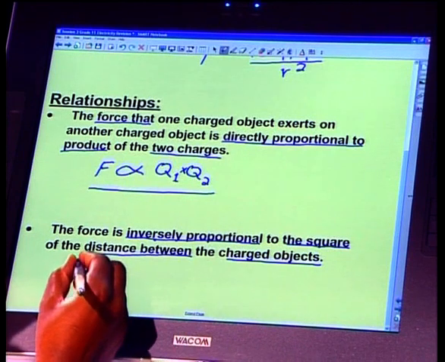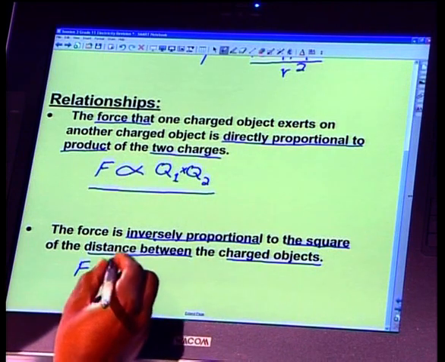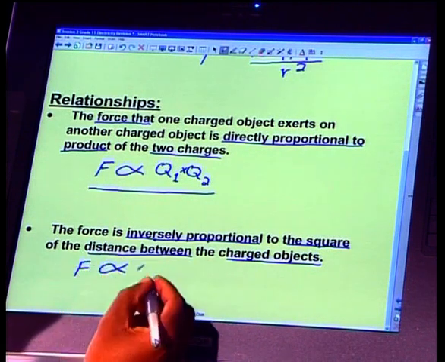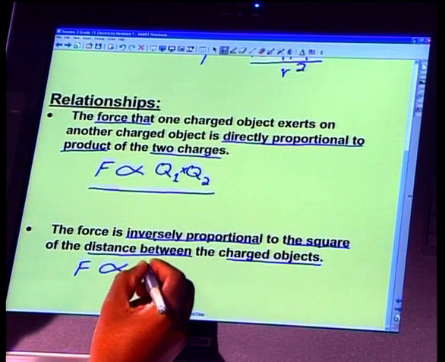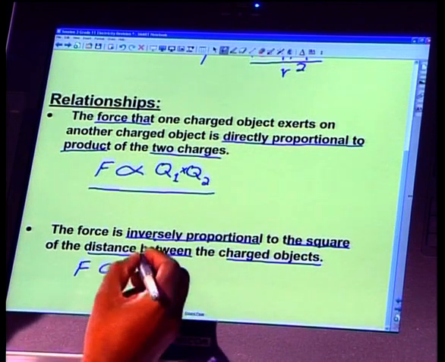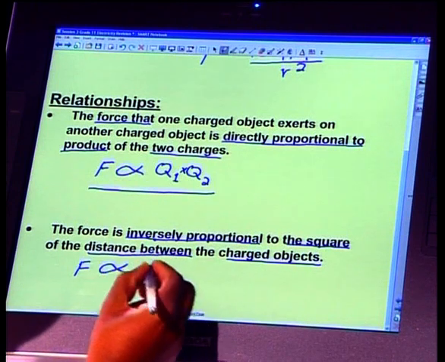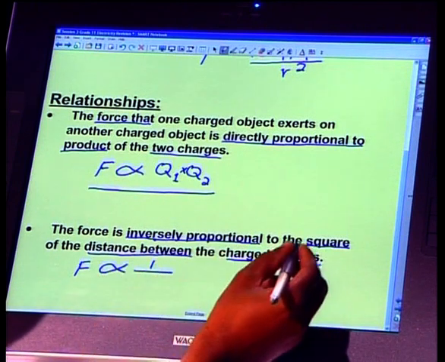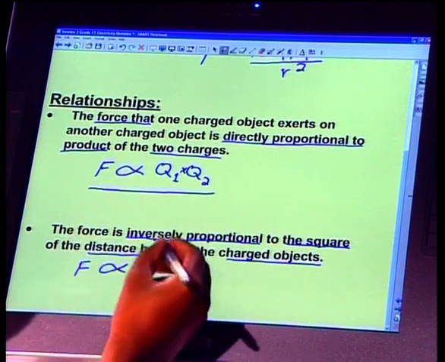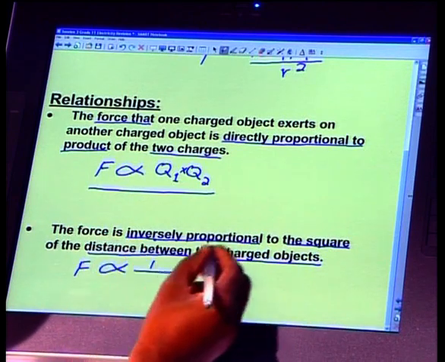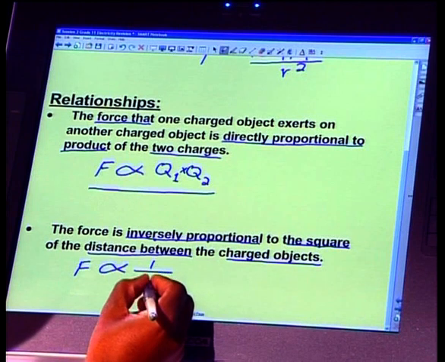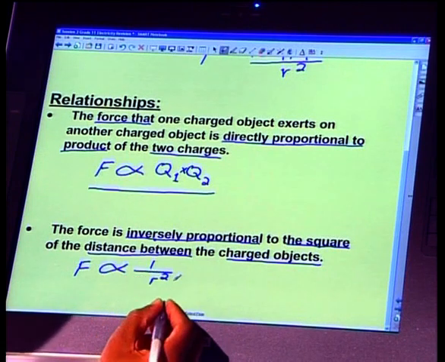So the same force, F, is inversely proportional. Now, for an inverse proportional relationship to be represented, we make use of the reciprocal. So this will be 1 over what the force is inversely proportional to, which is the square of the distance between the charges.